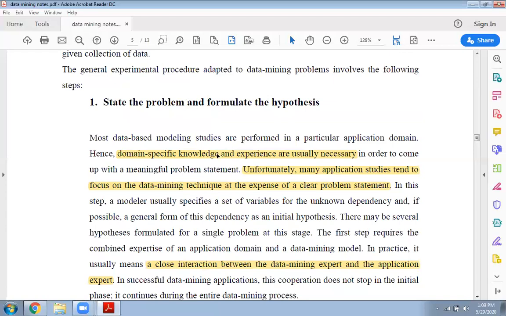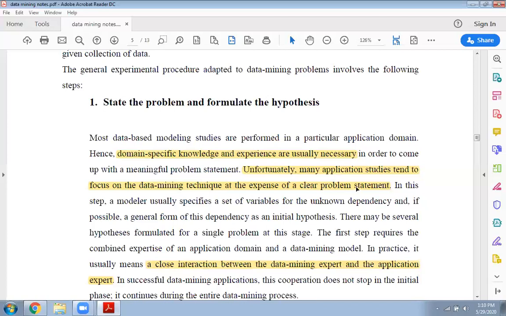So domain specific knowledge and experience are usually very necessary. A person from the biological field, how can he understand what should be bought and what should be purchased at a Big Bazaar store? An expert is necessary. Knowledge as well as experience are both very necessary to state the problem. Unfortunately, many application studies tend to focus on data mining technique, but at the expense of a clear problem statement.